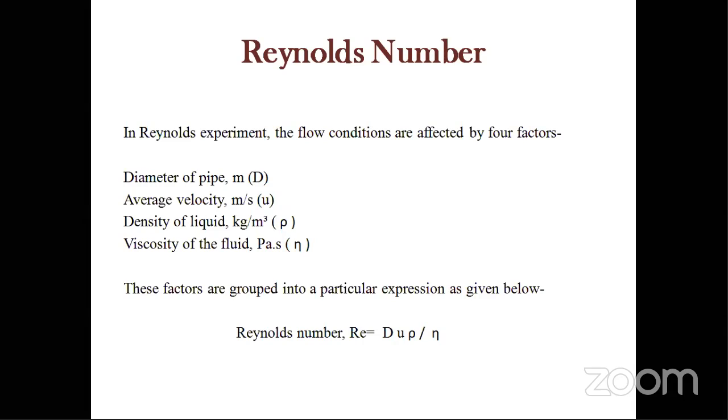This is the formula of the Reynolds number. If any numerical problem comes, where the diameter of the pipe, average velocity, and density of the liquid are given, just put them into this equation and calculate it. You can get the Reynolds number.